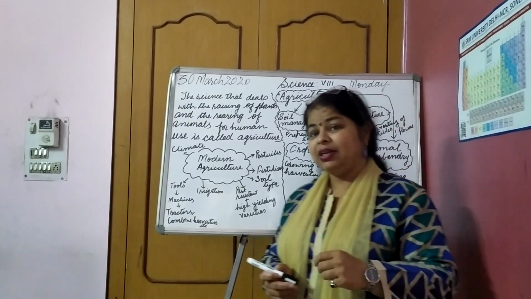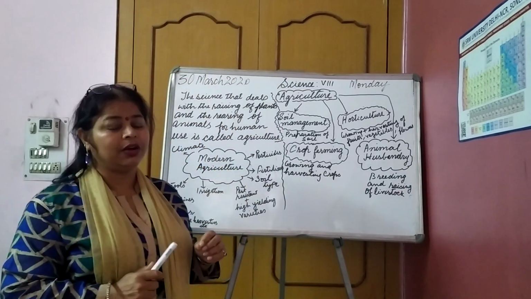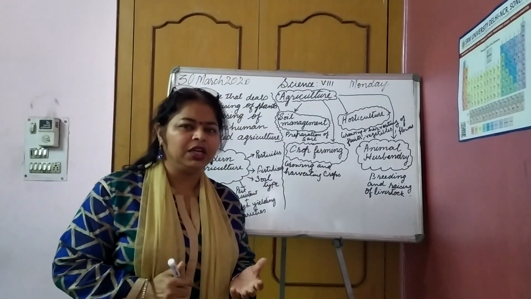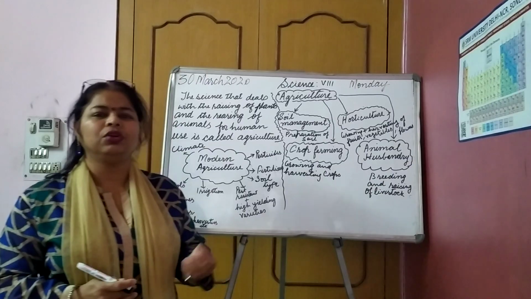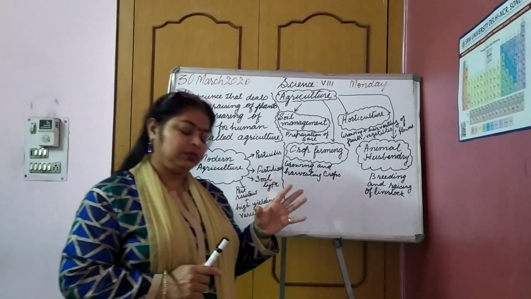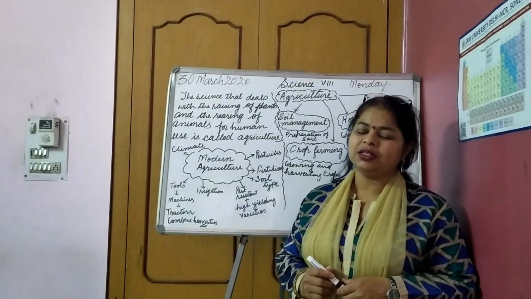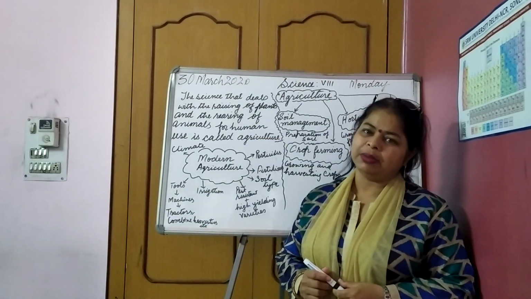But besides that, don't you think that we also depend on plants for our food requirement? So what are we eating? Basically, we are eating that stored food only. Since a long time, human beings have been dependent on plants for their food requirement.